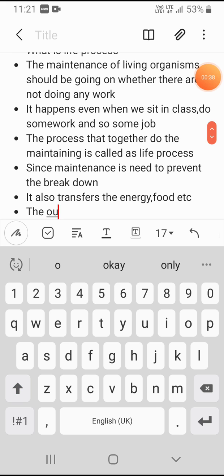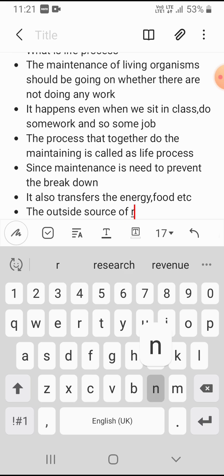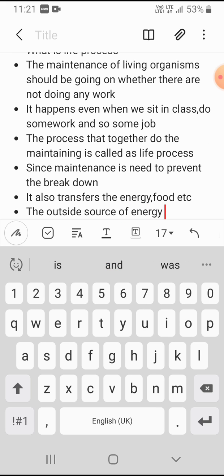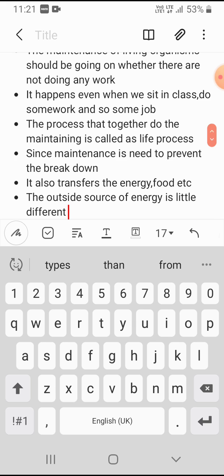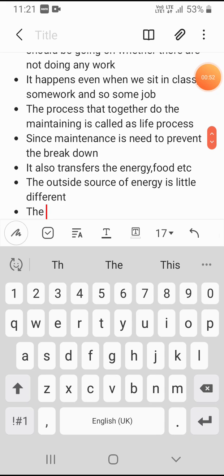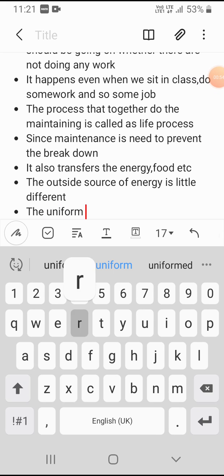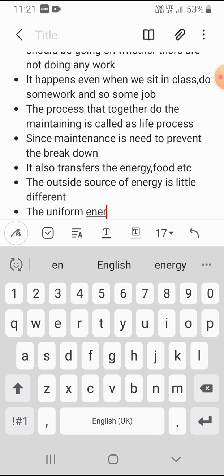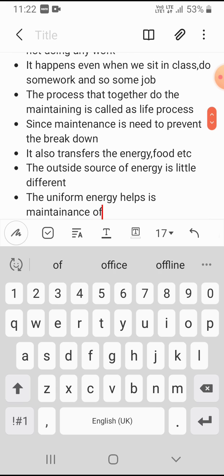The outside source of energy is a little different. A uniform source of energy helps in the maintenance of the structure of our body.